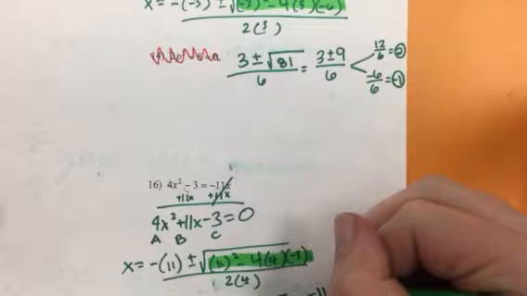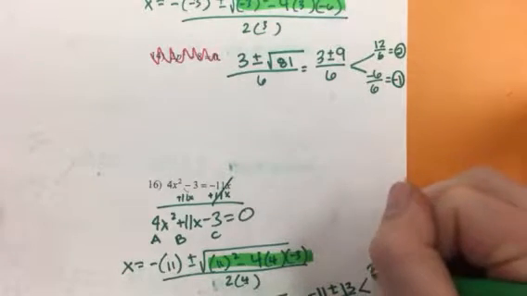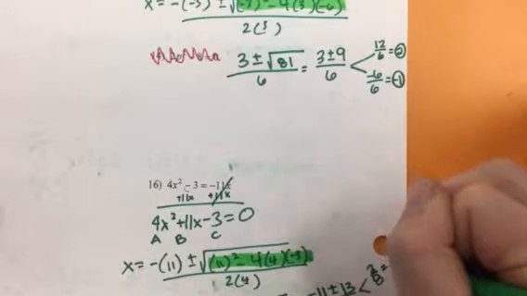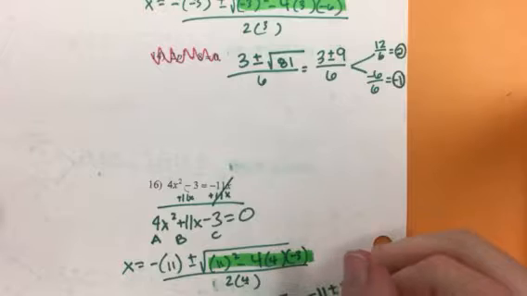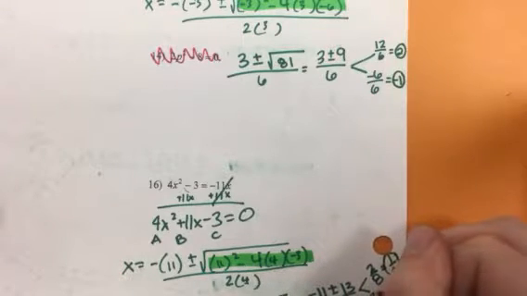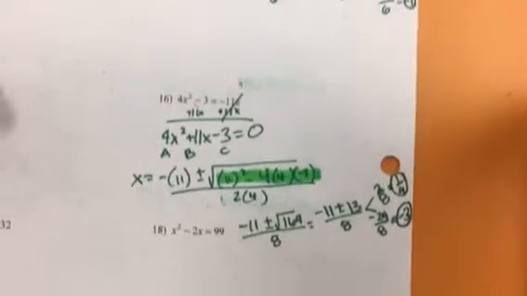Negative 11 plus 13 is equal to 2 over 8, which is 1/4. And then negative 11 minus 13 is negative 24 over 8, which equals negative 3 for our solutions.